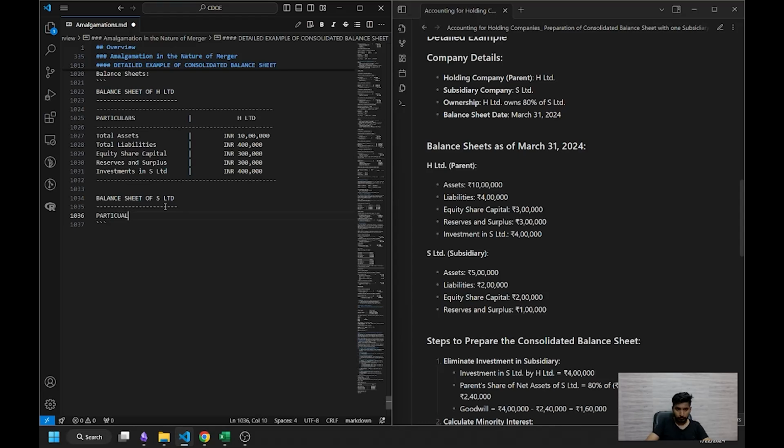Particulars, total assets, total liabilities, equity share capital, and reserves and surplus.